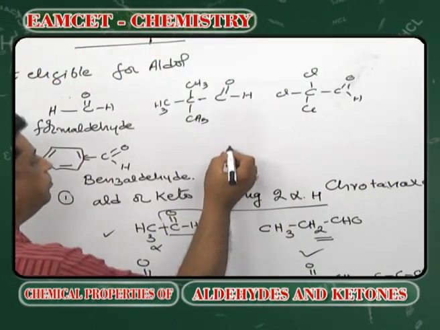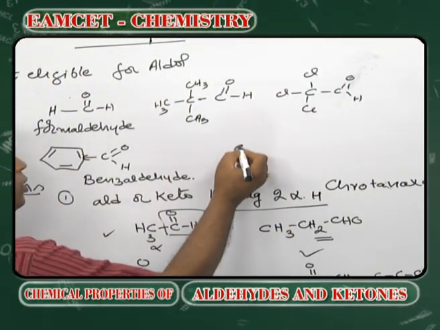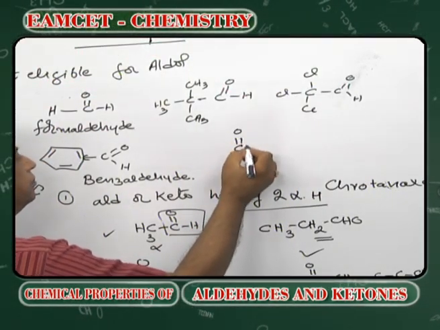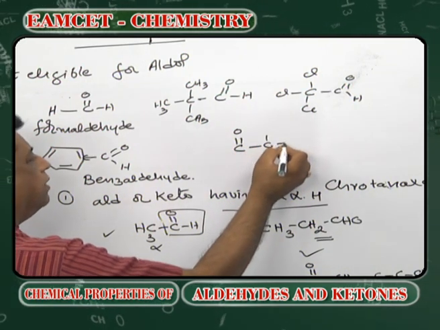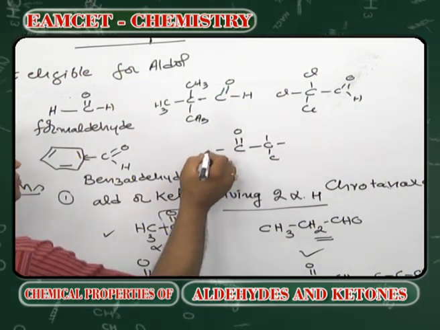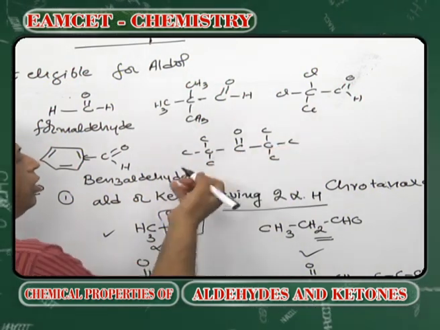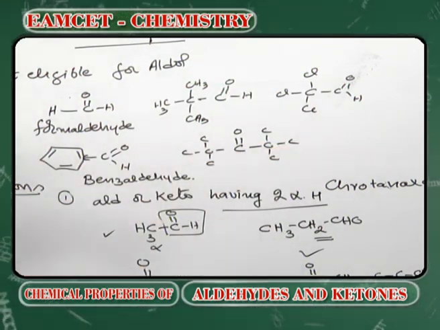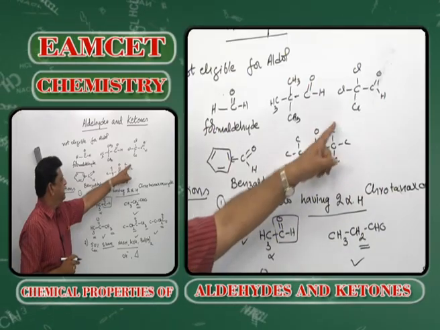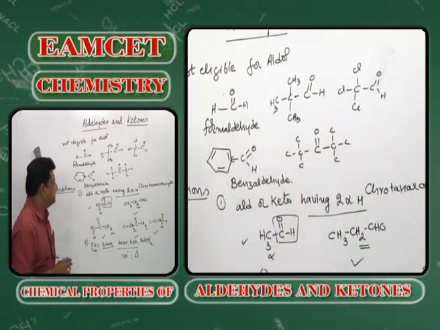And similarly, ketones containing both the sides all alkyl groups. This also cannot undergo aldol condensation because alpha carbon is there, but it is attached with all substitutions, right?